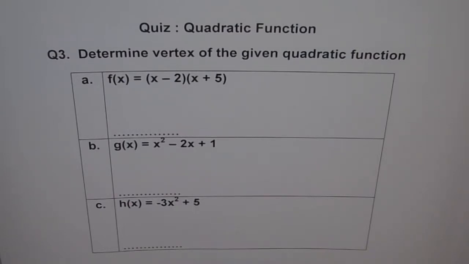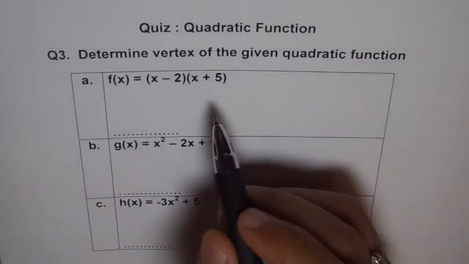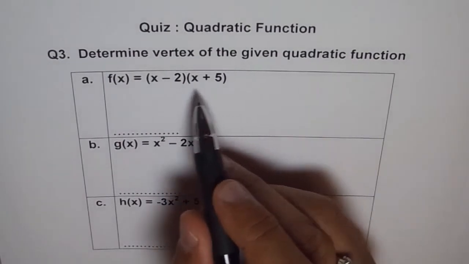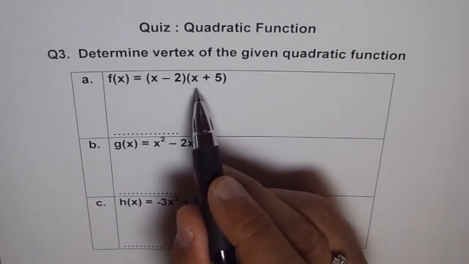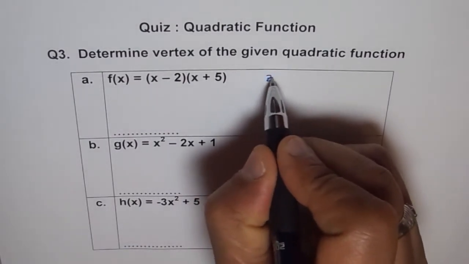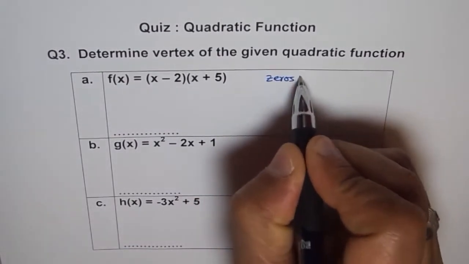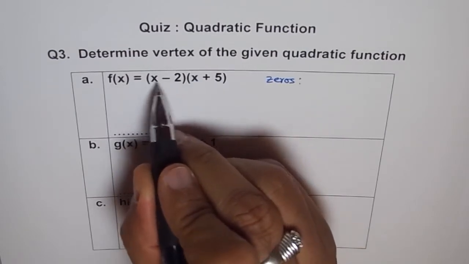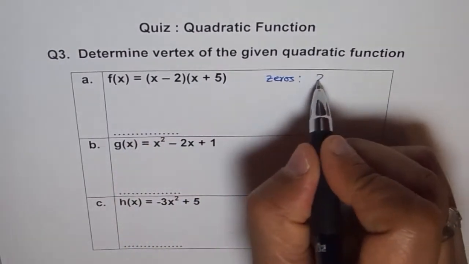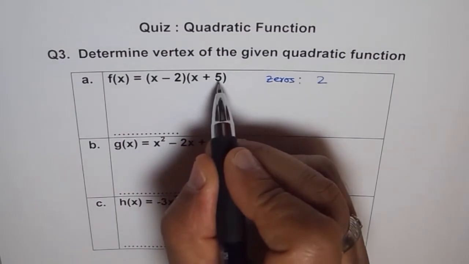So the first part A, we have this equation in factored form. So what we will do is we'll find zeros. So zeros are at 2 and minus 5. 2 will make it 0, right? 2 minus 2 is 0. So 2, and minus 5 plus 5 will make it 0.